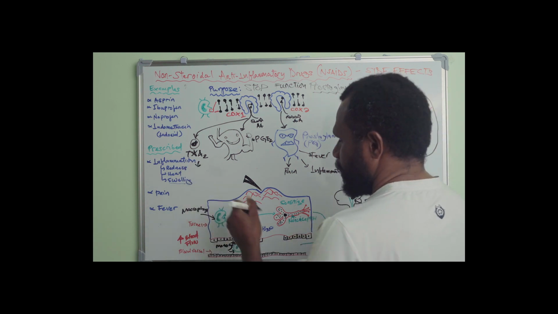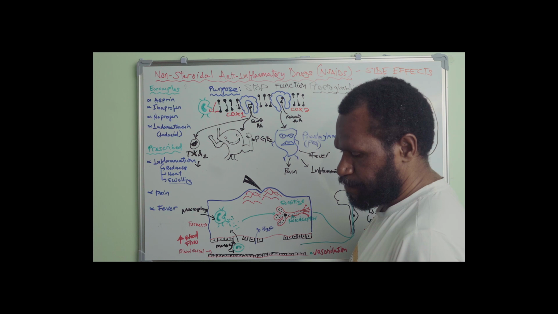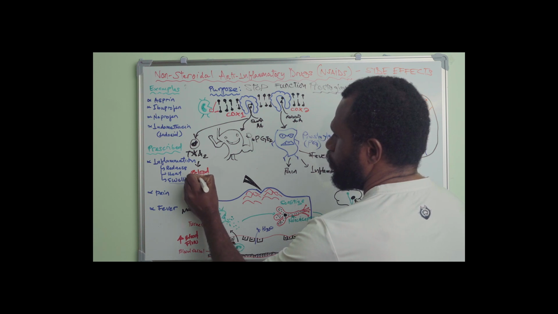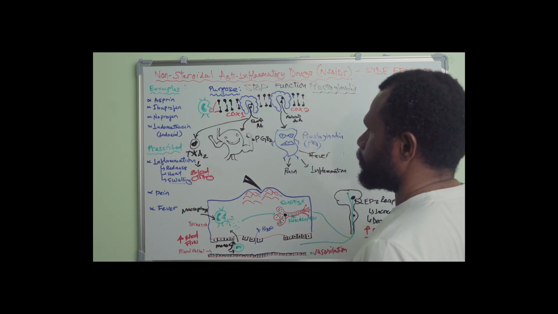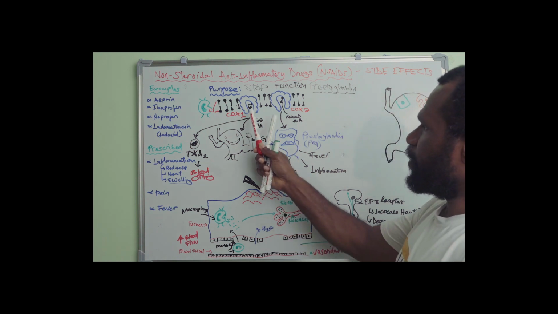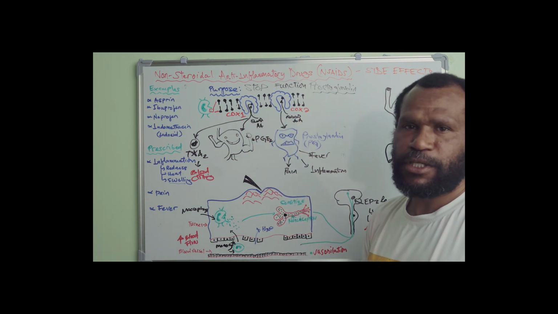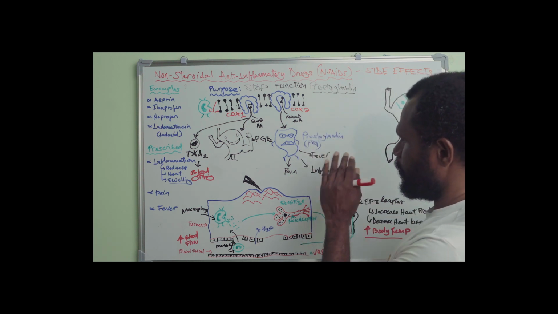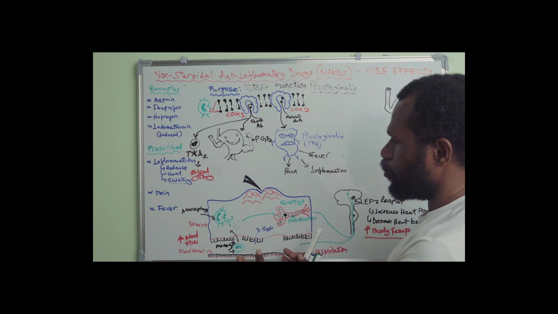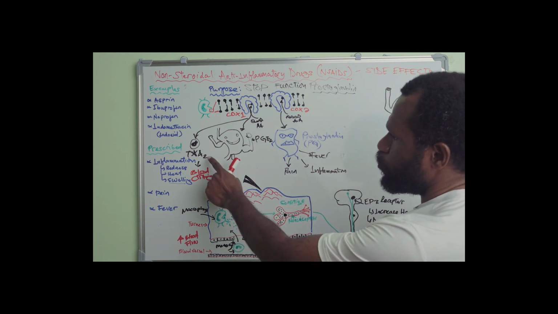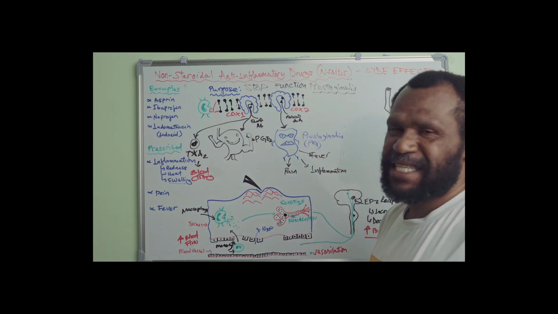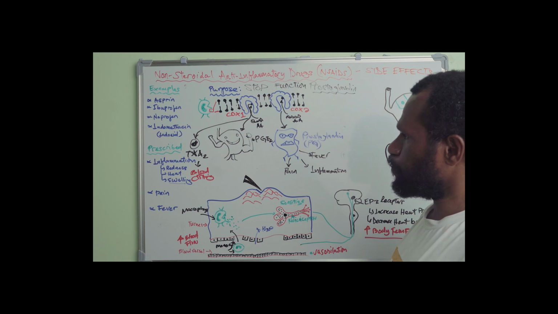This one is involved in blood clotting. So you see, this enzyme produces a lot of good stuff. We have prostaglandins that help in fever, pain, and inflammation that promotes healing, and also thromboxane A2, which is involved in blood clotting.